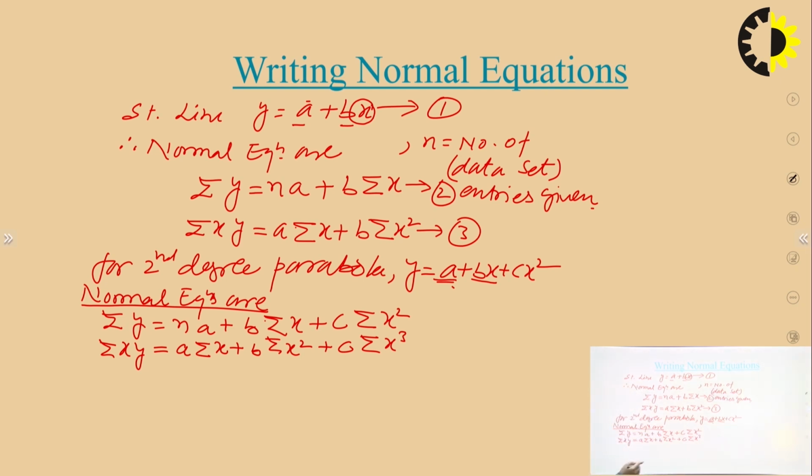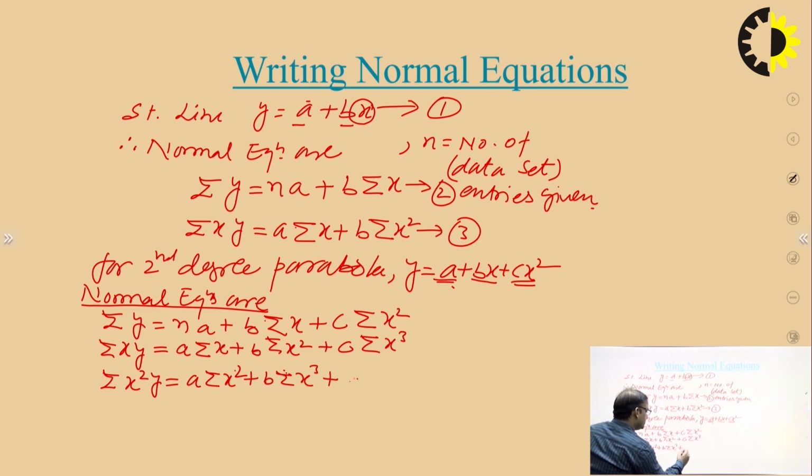Okay, and then the third equation should be with reference of the third term, that is sigma x square y is equal to a sigma x square plus b sigma x cube plus c sigma x raised to power 4.